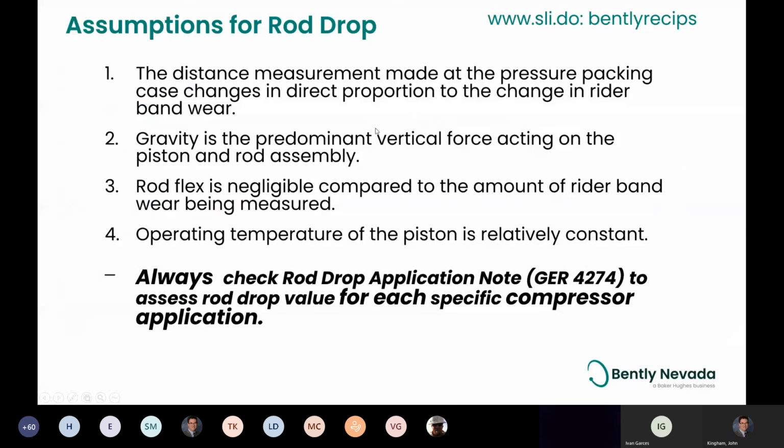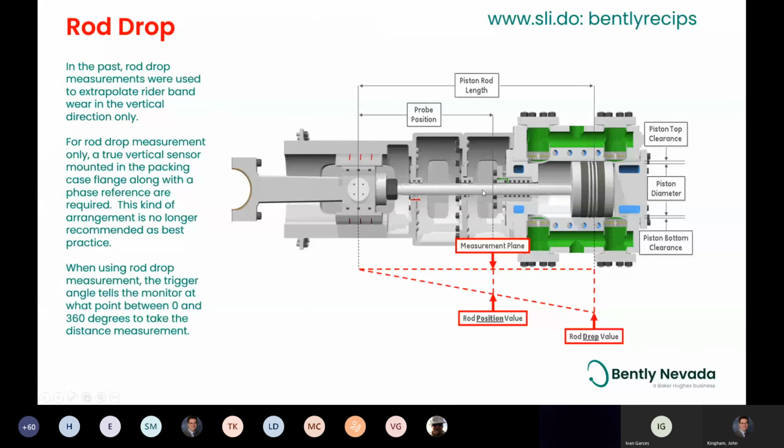So, let's talk a little bit about some of the assumptions for rod drop. The distance measurement made at the pressure packing case changes in direct proportion to the change in rider band wear. So here we're making our measurement here, and we're getting this kind of displacement.